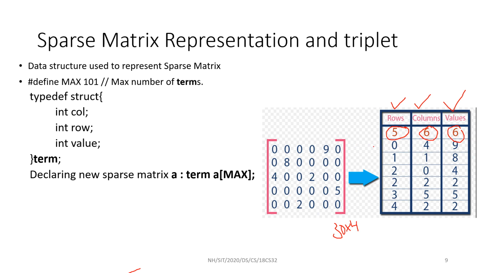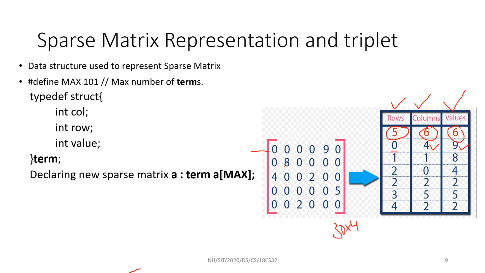Now let's trace this matrix. Where is the first non-zero element? Row zero, column 4, and the value is 9.